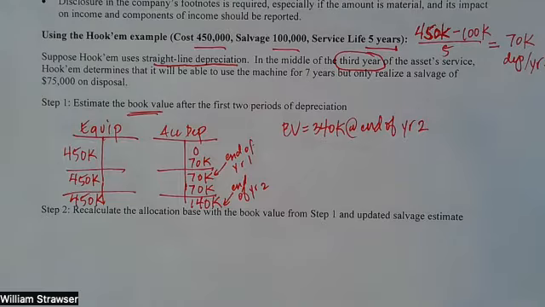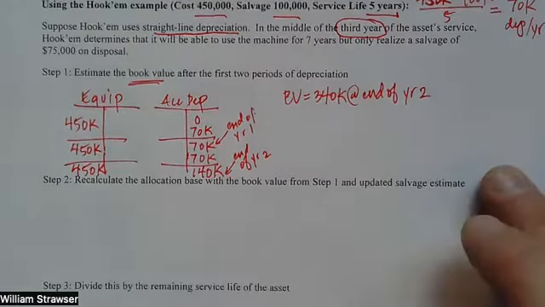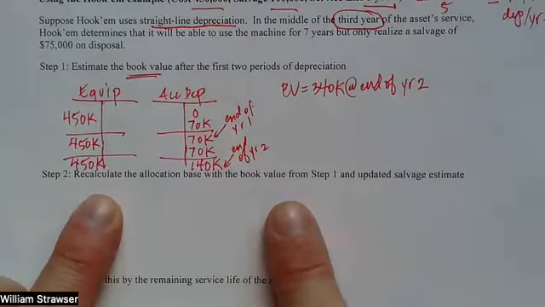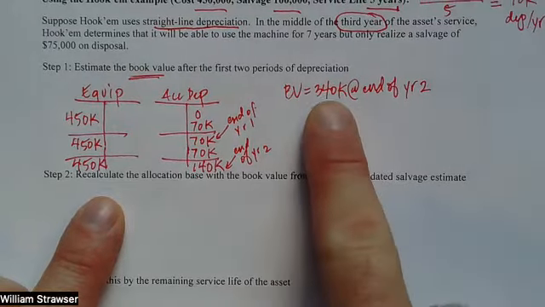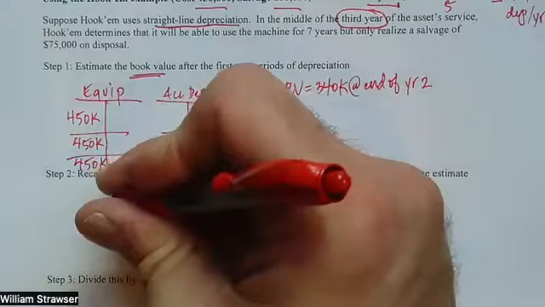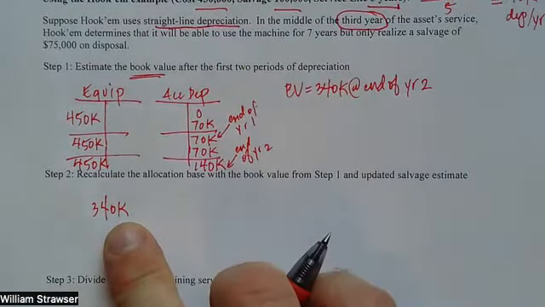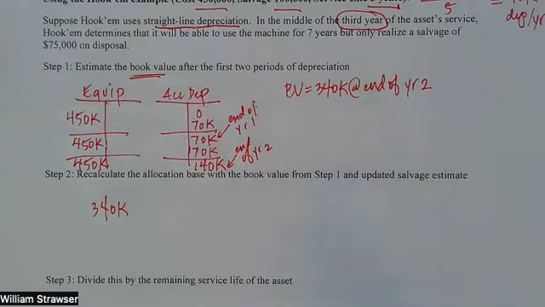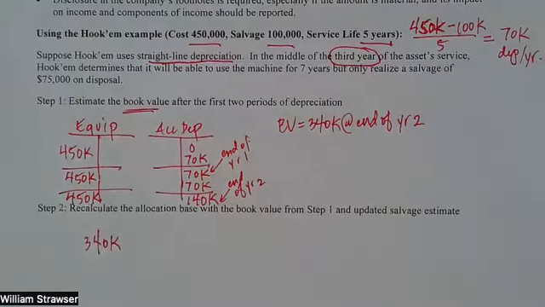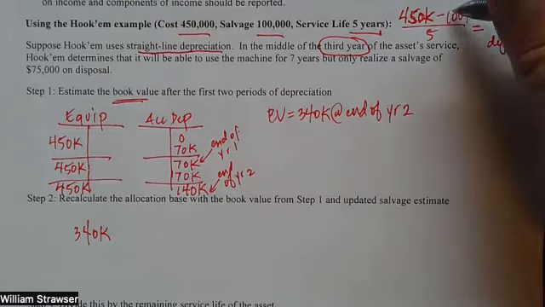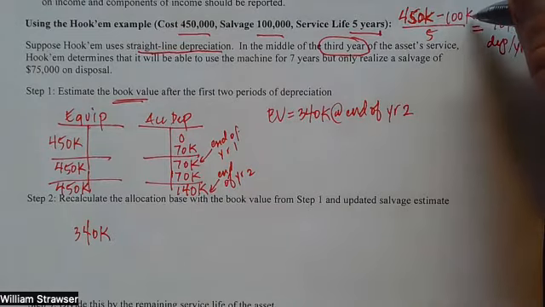So the way to determine how that's going to change is by recalculating the allocation base with this book value. What I'm looking at now is, this has a value of 340,000 that I have to spread out over its remaining useful life. Now, remember, the allocation base is only going to spread the non-recoverable cost. So I'm going to subtract off my salvage value, but my salvage value changed.